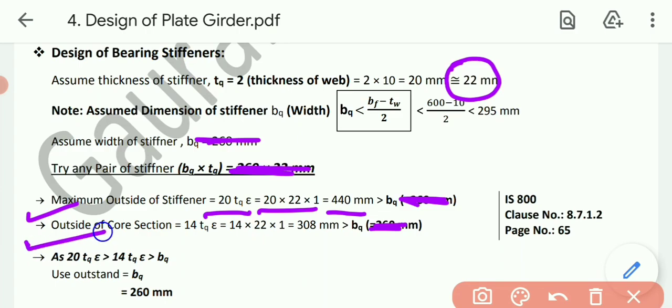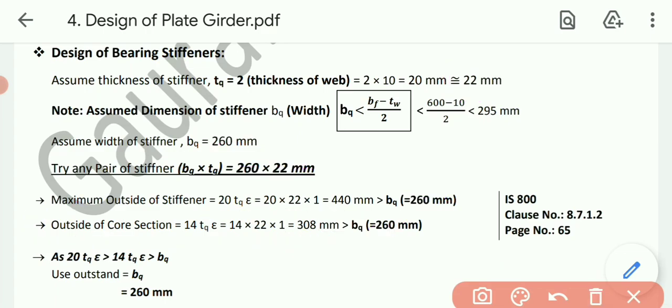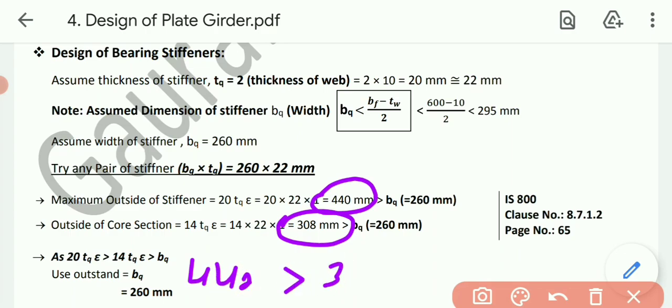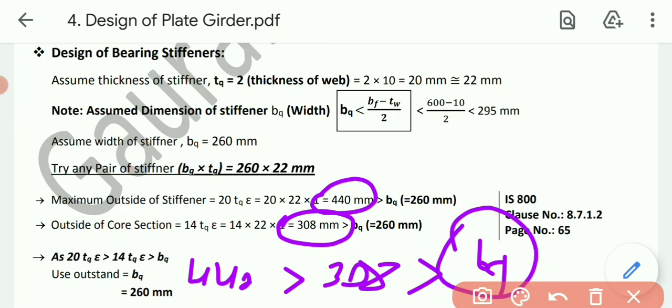Then the core section, 14 t_q epsilon, is 14 times 22, and the answer is 308 mm. Now I need to assume the stiffener dimension in such a way that 440 is greater than 308, which should be greater than the b_q I am going to assume.